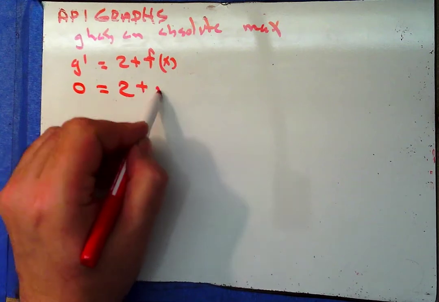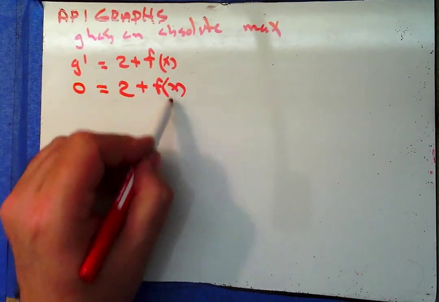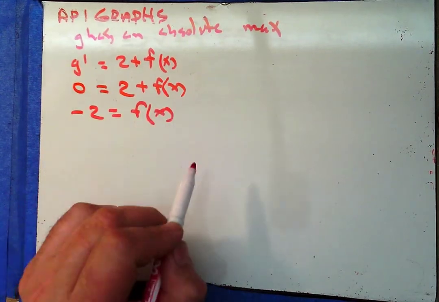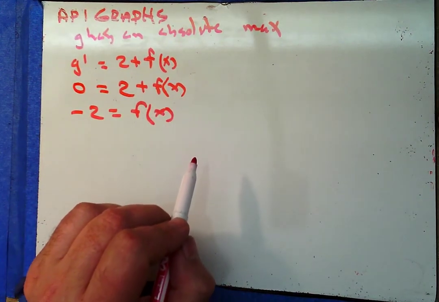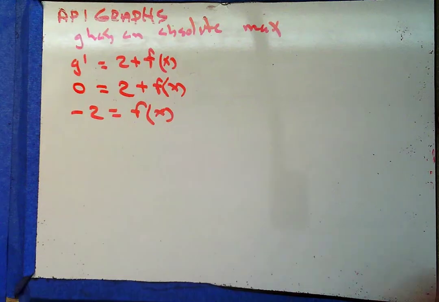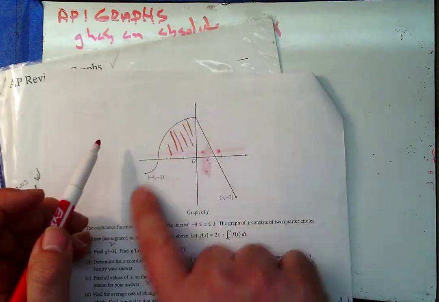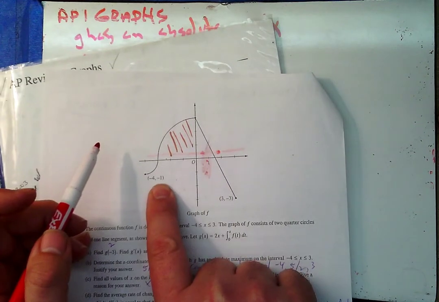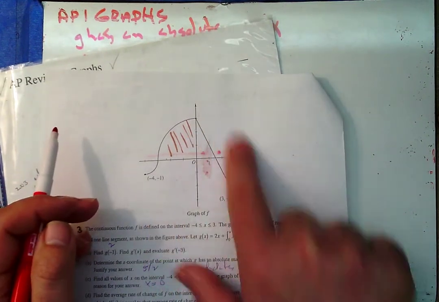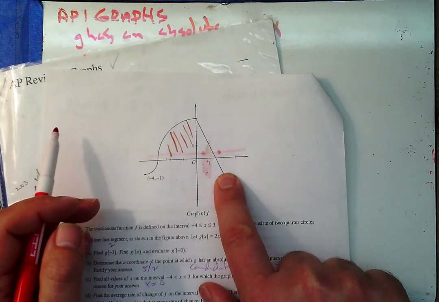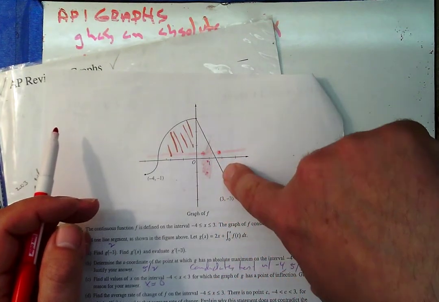So 2 plus f of x, which means I'm wondering when f is equal to negative 2. F seems to be equal to negative 2 never over here. F is positive, f is negative, but only goes to negative 1. So only over here will f equal negative 2. Somewhere here, but I don't see a labeled point there.